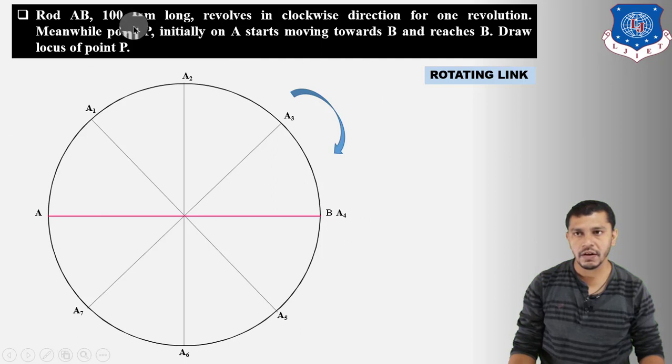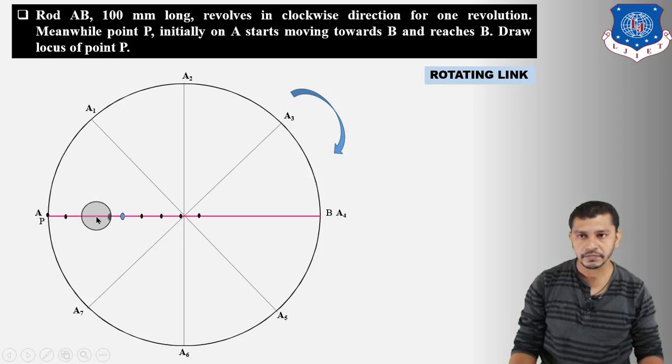Now we have to find out the locus of point P. So as we have divided this circle into 8 equal parts, now divide this line AB into 8 equal parts. So this will be 0, 1, 2, 3, 4, 5, 6, 7 and this will be our final point 8.